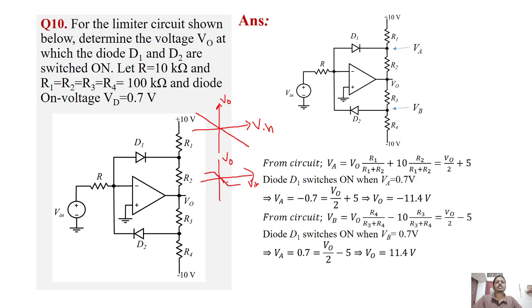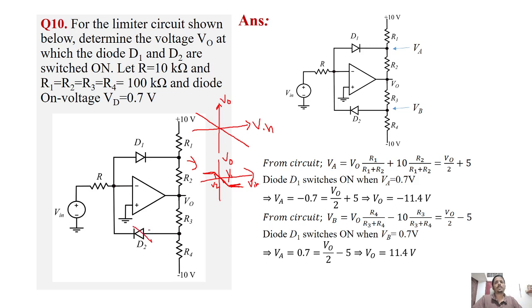Till some V1 to some V2 of V in, the output will be linear. After that it will either be saturated or there will be a small change, but that will be a non-linear output. This is a particular circuit which has this sort of response on adding such a diode.